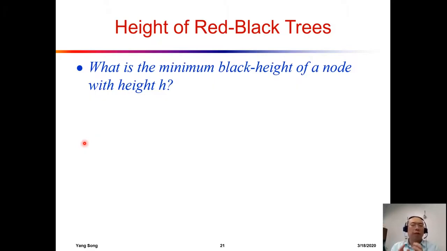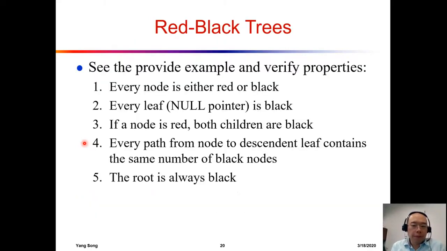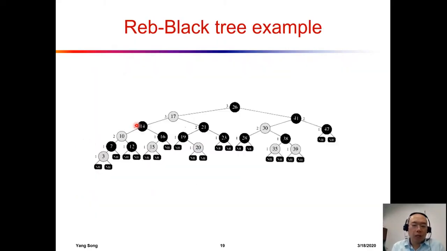Okay, so the next thing, after having all those properties and the definition of the black height, remember the goal is we want to prove that for a red-black tree, the height will be O(log n). That is our goal. So the next question is, what is the minimum black height of a node with the height of h? Think about that. So if we come back to here, from the 21 down to any of the possible leaf, we will see the black height.